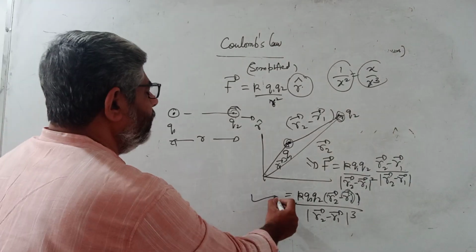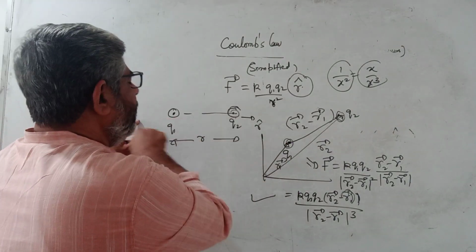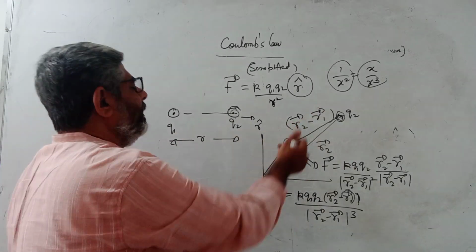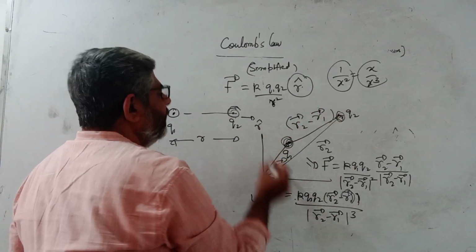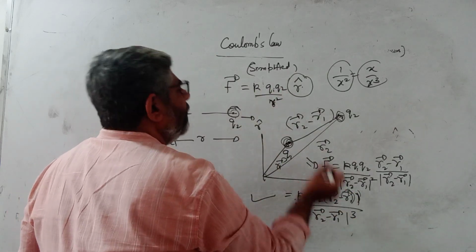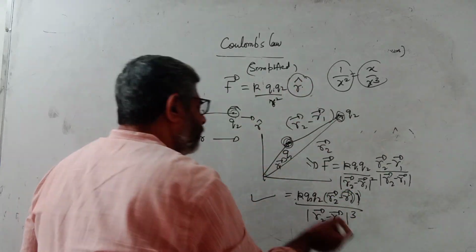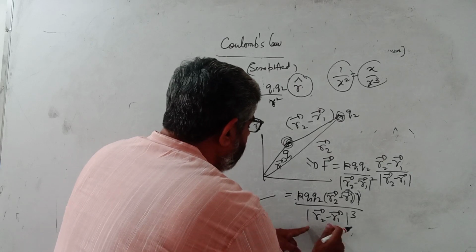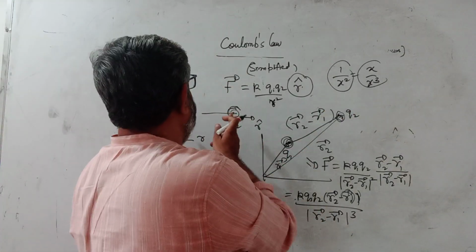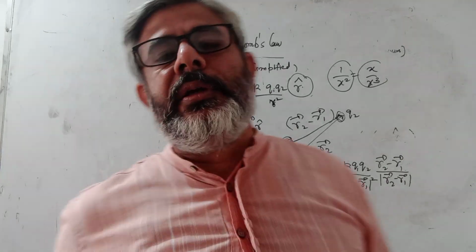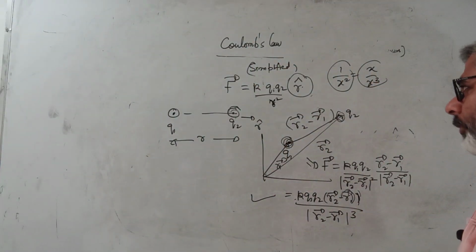So this is the form when the charges are not, let us say, along x axis or y, but in a plane, and they have position vectors as, this has r1, this has r2, k q1 q2 r2 vector minus r1 vector in place of this upon cube of the mod of r2 vector minus r1. Mod means the value of this, length, cube of that. So this is about your Coulomb's law.